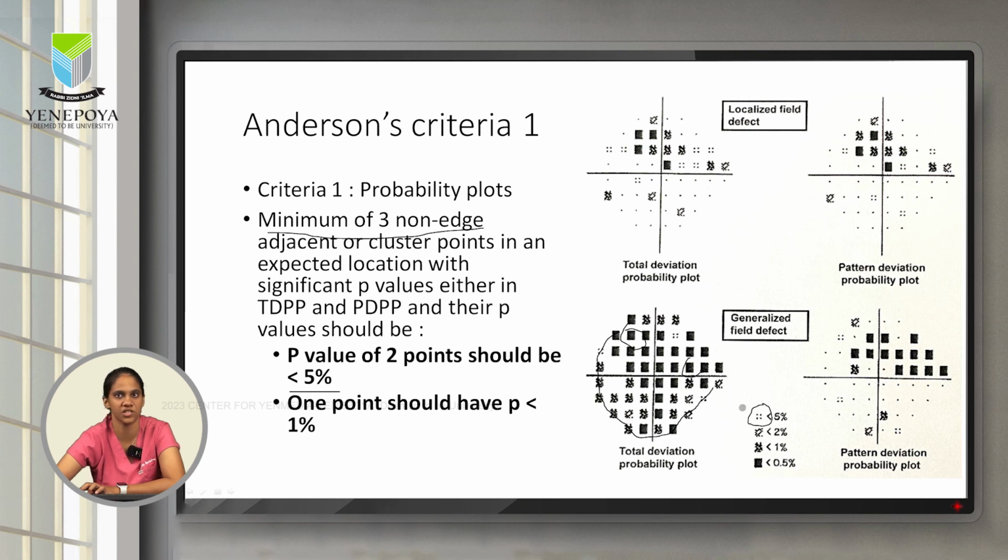And in those 3 points, 2 should have a value less than 5% and 1 point should have a value less than 1%. That means if you see these 2 symbols only, you can call it a glaucomatous change. It doesn't have to be P less than 0.5. It doesn't have to be completely black.